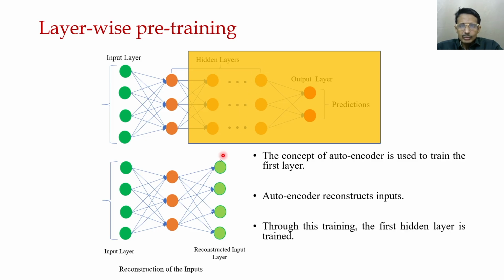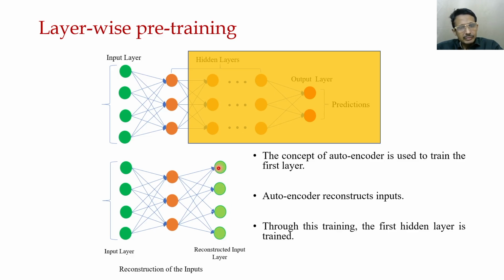They said they will use the concept of the autoencoder. So what is an autoencoder? An autoencoder is basically a neural net that reconstructs inputs. Given an input, there is the layer; in this particular case it is a single layer, and this single layer is going to try to reconstruct this input.